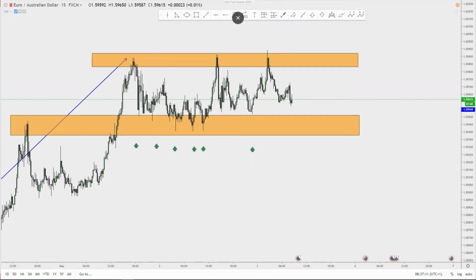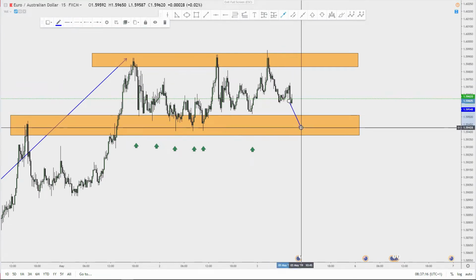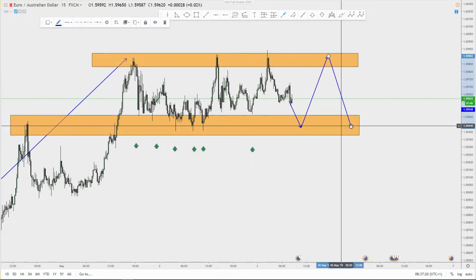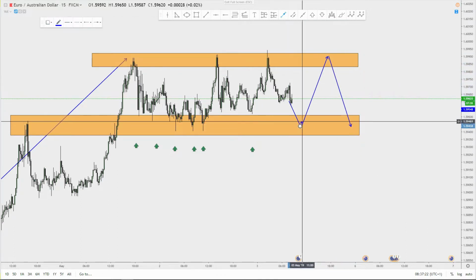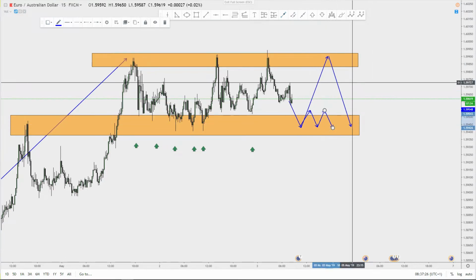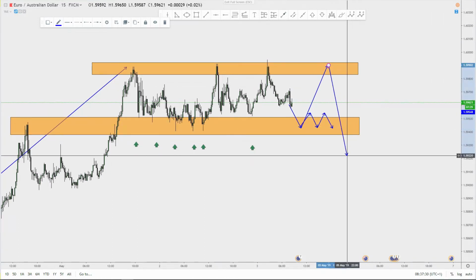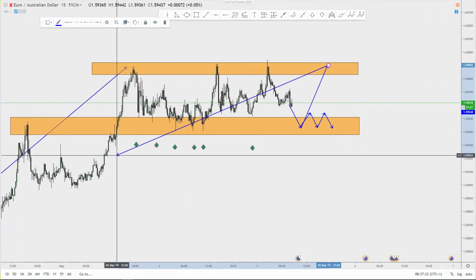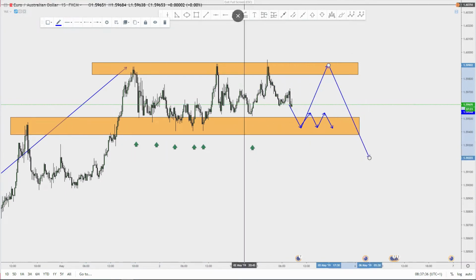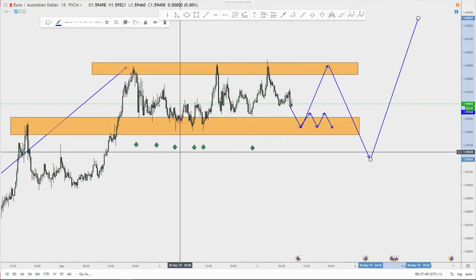What am I looking at from this pair? Well, I would like this to continue potentially, or we may come down here and start to go sideways. But ultimately, I am looking for a manipulation of this level here to clean out all those stops before reversing and going higher.